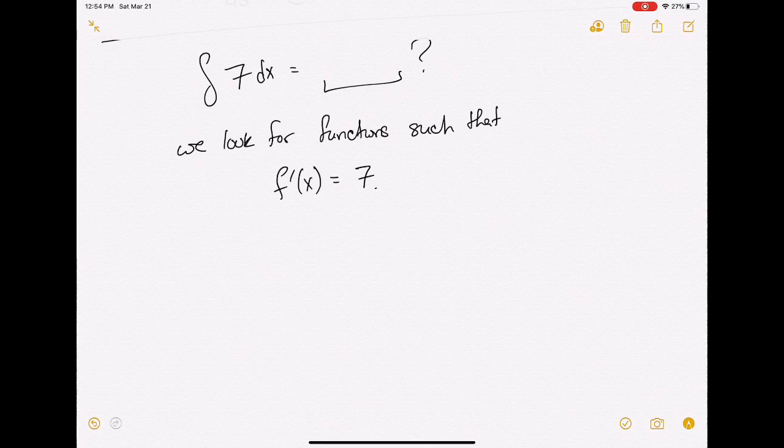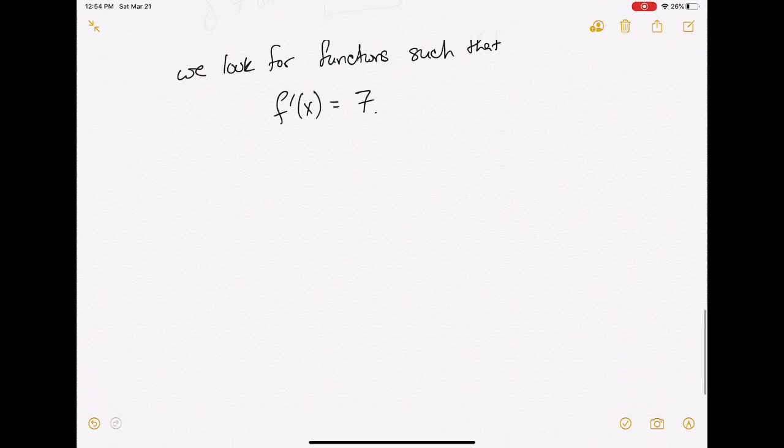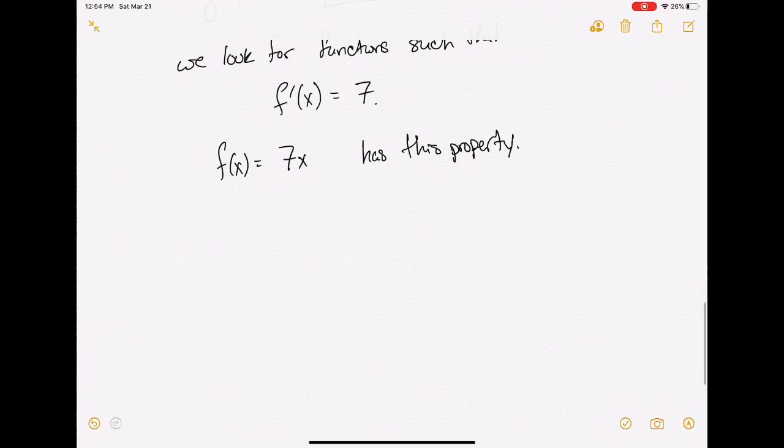So it's a good example of a function that has that property. And hopefully some of you can come up with this. F of x equals 7x has this property, since d dx of 7x equals 7.